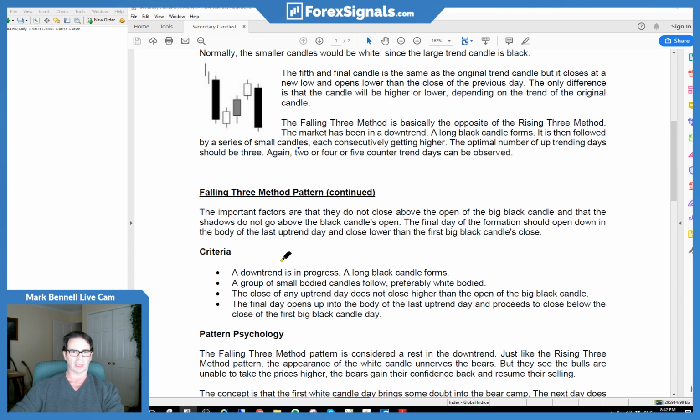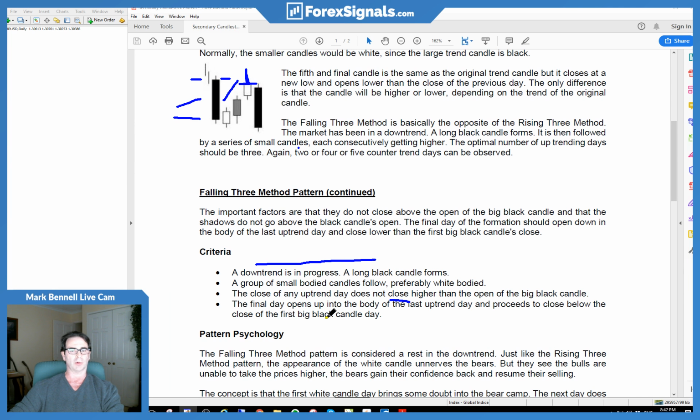So what is the criteria for this pattern? The criteria is a downtrend is in progress, a long black candle forms. A group of small body candles follow, preferably white body. The close of any uptrend day does not close higher than the open of the big black candle. See here? So we can have a wick that goes above, but we need the close to be contained within this first candle.